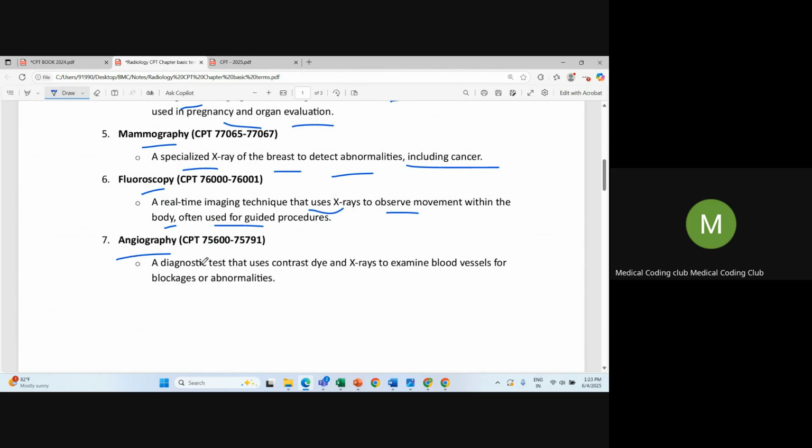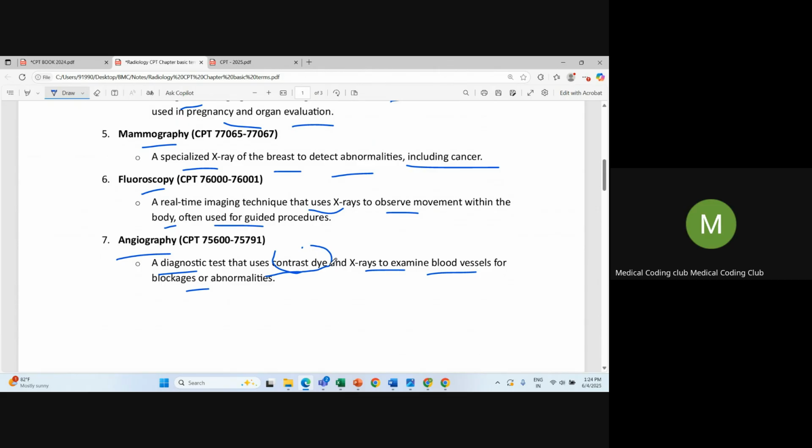Next is angiography. It's a diagnostic test that uses a contrast dye and X-ray to examine blood vessels for blockages or abnormalities. Here they are using contrast dye. Contrast dye can be injected, or they can swallow it orally.